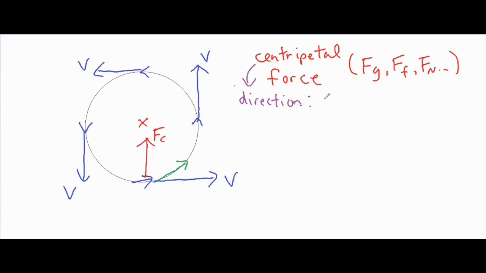And that direction is center seeking. So again, if you're going around in a circle, the direction of this red vector is going to change, but it's always pointing towards the center of your circle. So a centripetal force is basically the force, which may be force of gravity, friction, etc., that is pushing or pulling towards the center of the circle and constantly making an object turn.